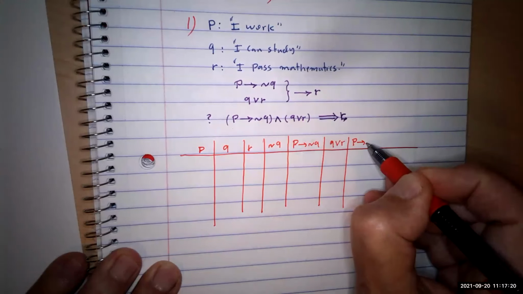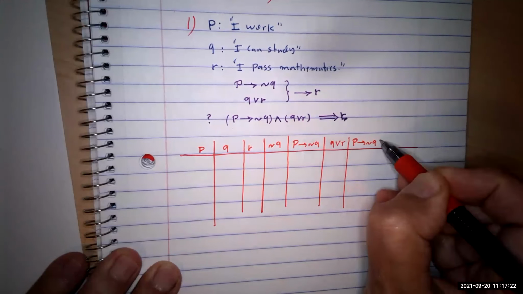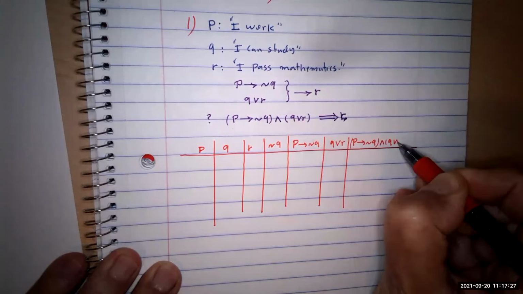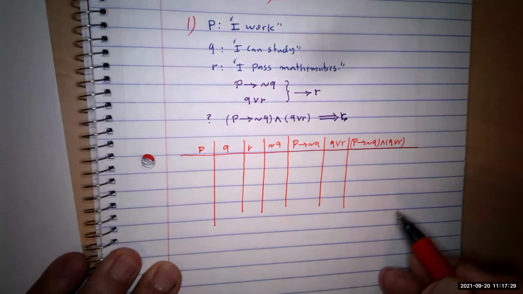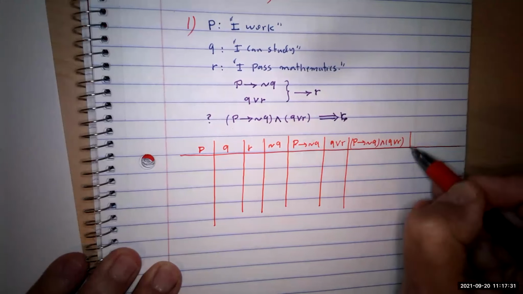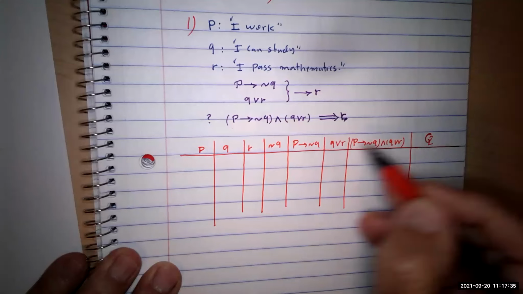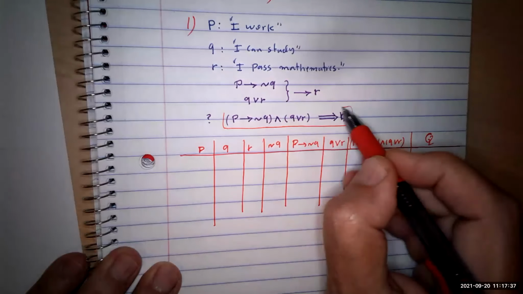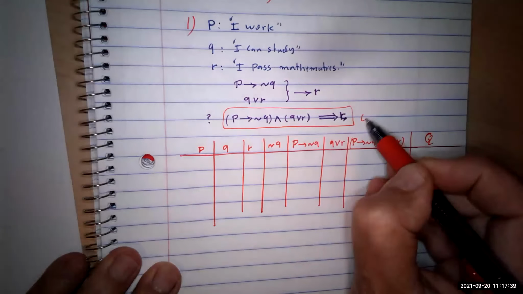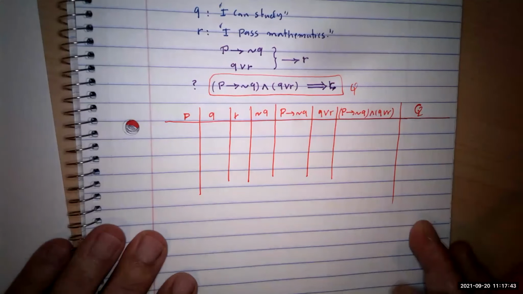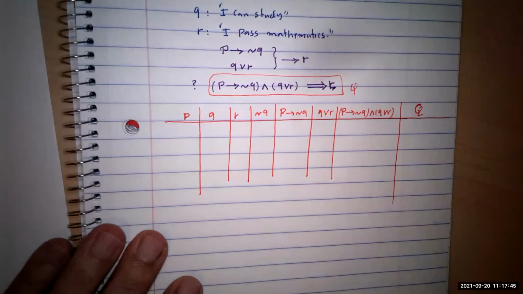It's going to be P implies not Q, and Q or R. And then the final part. I don't have any room, so I'm going to call it Q. If you have room, you can rewrite it. So you have to prove that all of them are going to be a tautology.